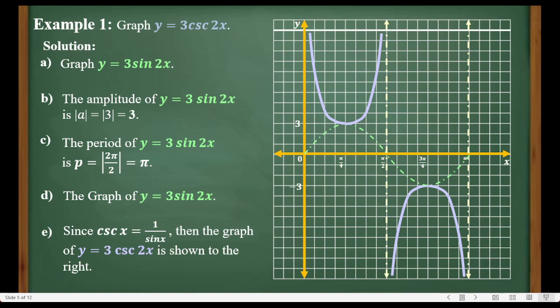Now the violet curves are the required function. So these curves, these parabolas, represent the graph of this given function.